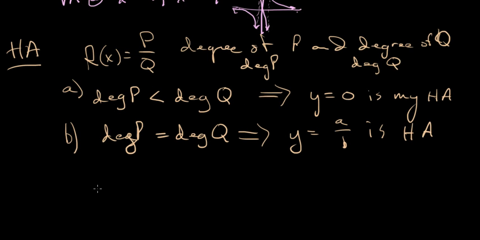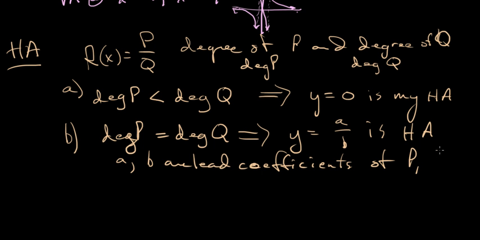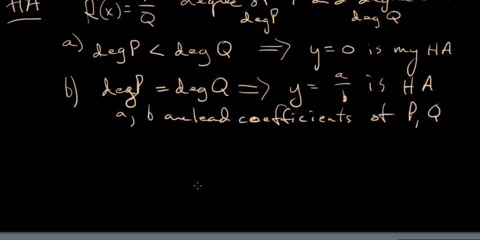Well, what's a over b? These are the lead coefficients. A and b are lead coefficients, and you remember from the last section what a lead coefficient is. They are the lead coefficients of p and q in that order: a is the lead coefficient of p, b is the lead coefficient of q. We're going to do an example, so hold on there.